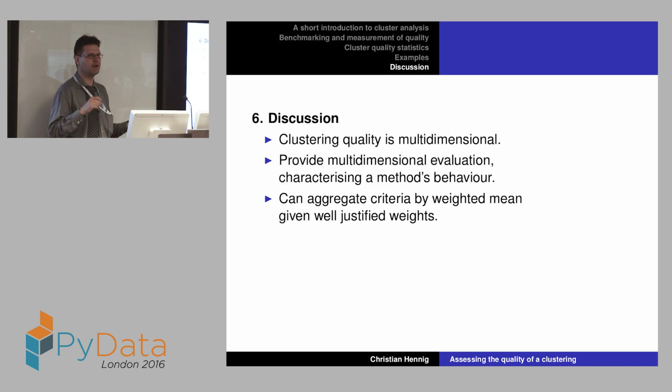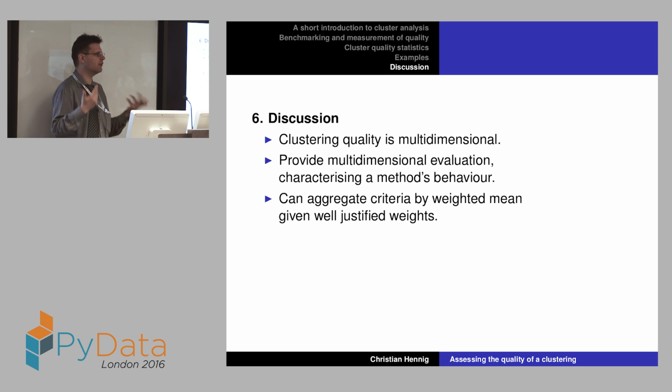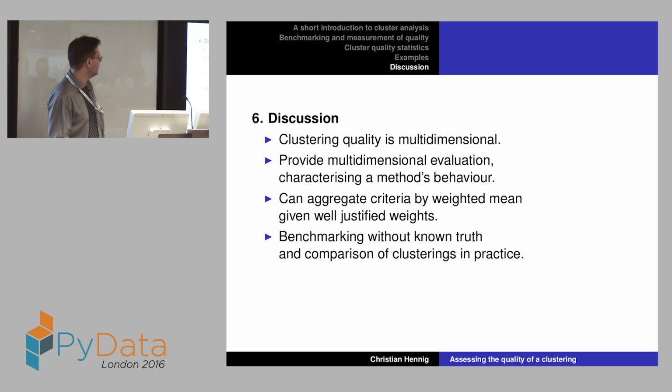What you need to think about is how important which aspect of clustering is to you, because that comes from the application. The statistics cannot decide that. This can be used for benchmarking, comparing different clustering methods without known truth. But of course, which is something you may be more interested in, this can also be used if you just have your own data set to cluster and you want to know in what way different methods cluster these data.